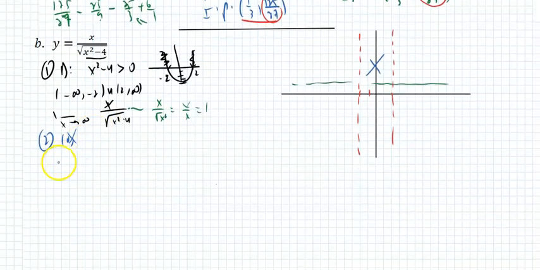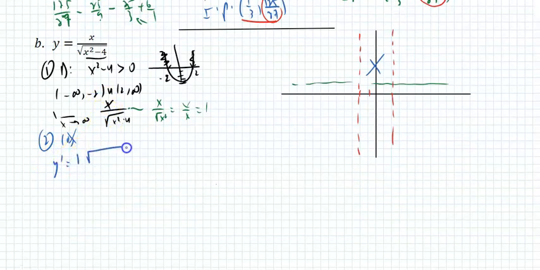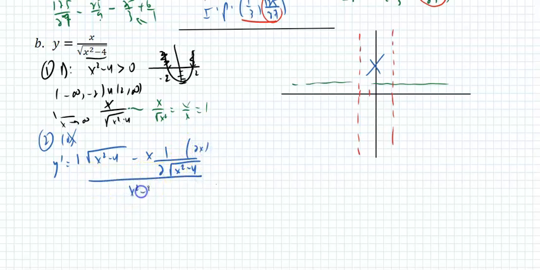So, what's next? Let's take the first derivative test. Derivative of the top times the bottom, minus the top times derivative of the square root is 1 over twice the square root, times by the chain rule 2x, all over the denominator squared.